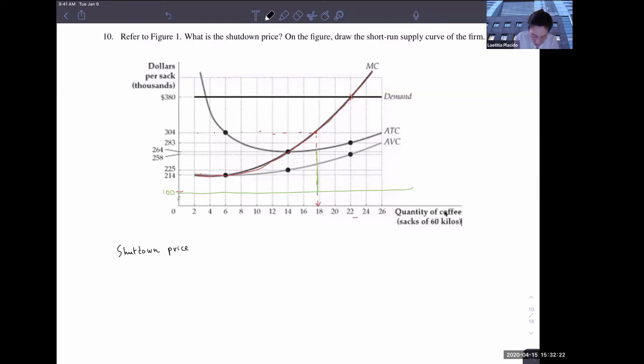Imagine that the firm produces nothing in the short run. What is the value of the profit then? Let's call pi 0 the value of the profit when you don't produce anything. This is going to be P times Q minus variable cost minus fixed cost. We know Q is equal to 0, so this is going to be equal to 0. The variable costs are also equal to 0.